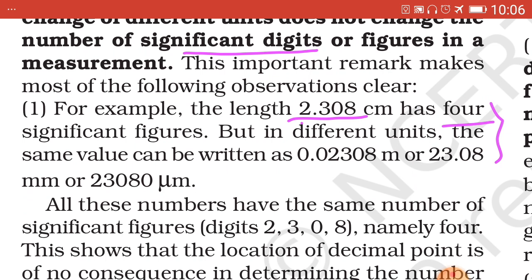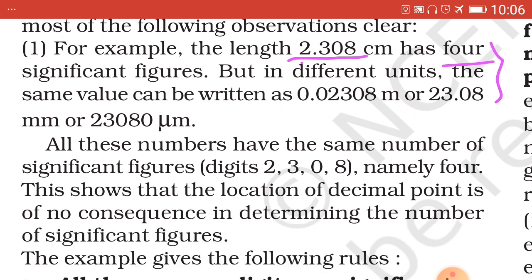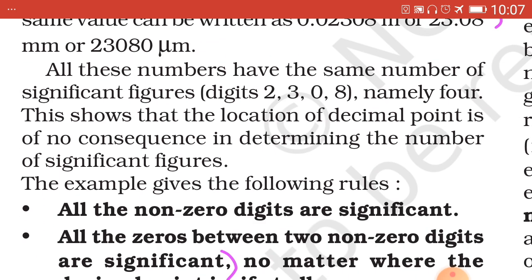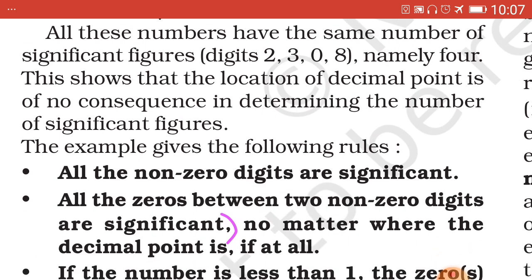Now in all these cases, the significant figures in all those units are 4 in number. There are totally 4 significant figures, that is 2, 3, 0 and 8 only. Even though the units change, the number of significant figures remains the same.